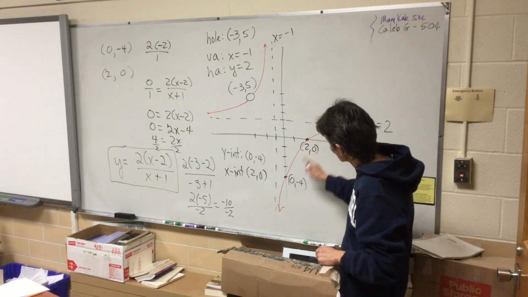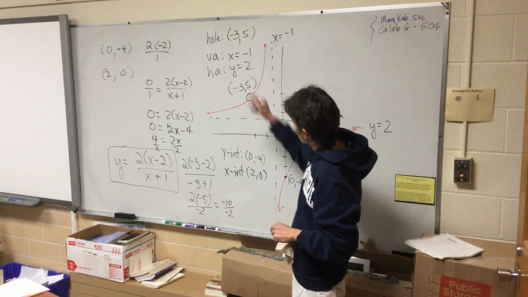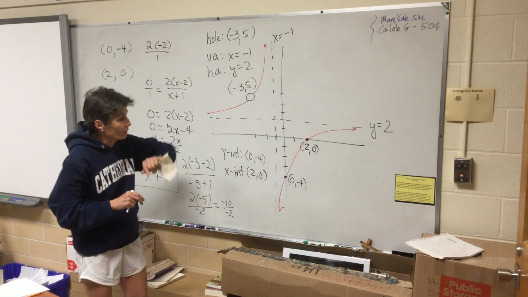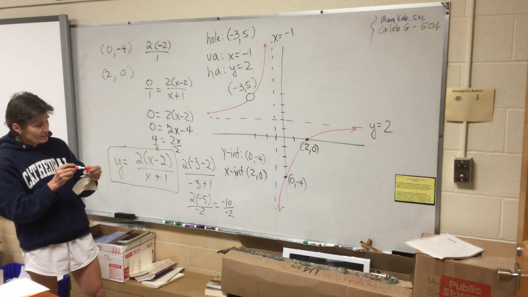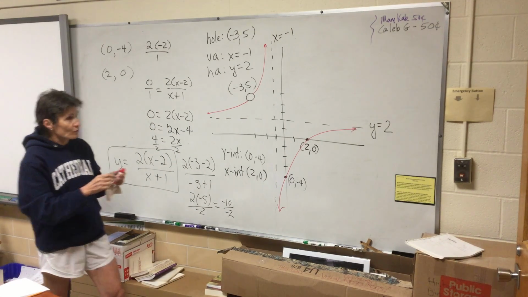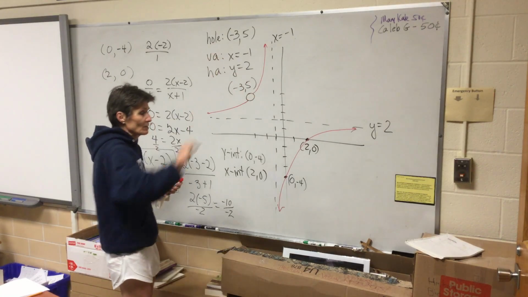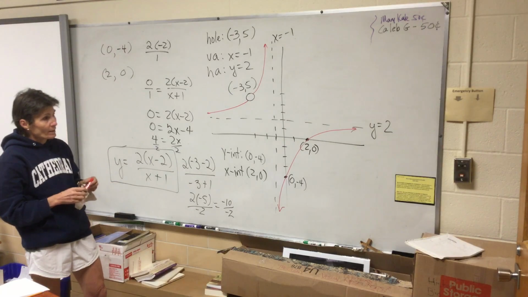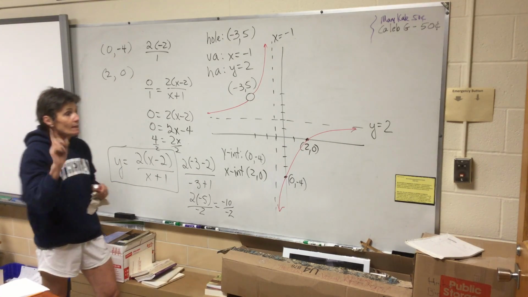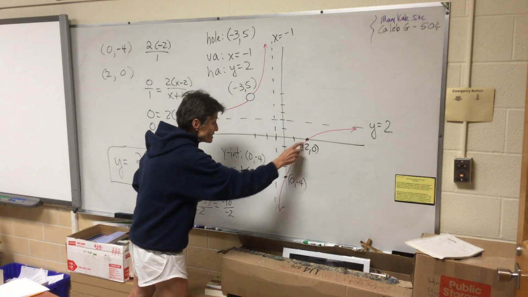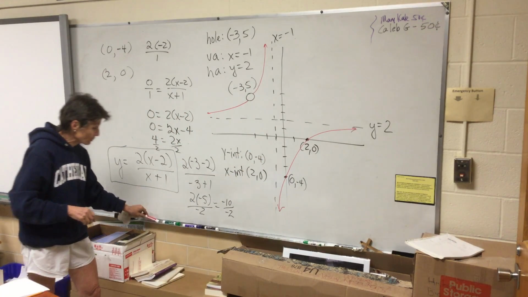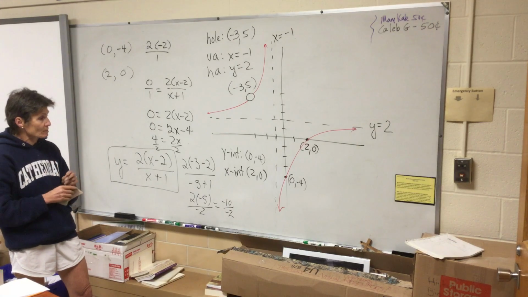So I have a piece down here, so I'm automatically going to have a piece up there, but I knew that too because that's where my hole is. And my curve has to contain the hole. You're never going to have just a hole stuck out there somewhere. It's always going to be part of one of your curves, as are the intercepts. These points are always going to be part of the curve. You're never going to have them just stuck out somewhere.